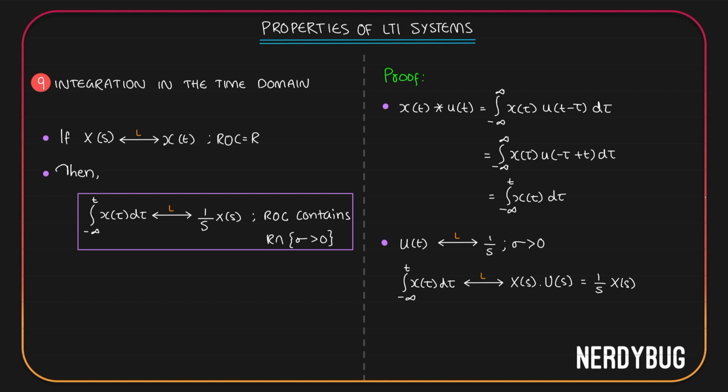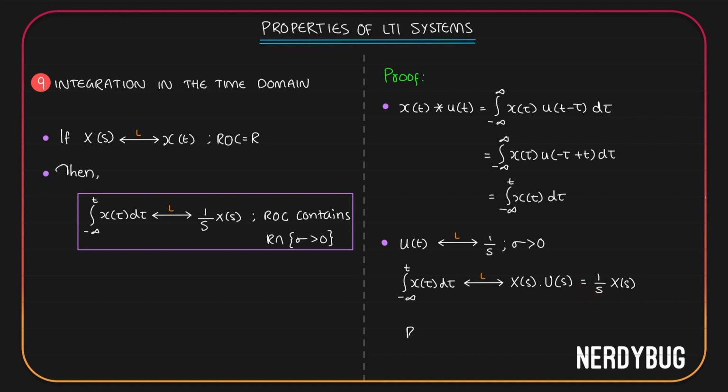We also have to define the ROC. This is a product of two functions x of s and u of s. So its ROC is going to be the intersection of R1 and R2 as long as no pole is getting cancelled. We can see we're doing 1 by s multiplied by x of s. So no pole in x of s is getting cancelled. Instead, we are adding an extra pole at s equal to 0.